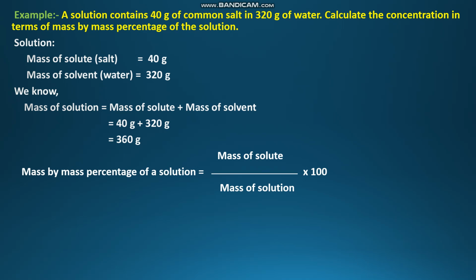Mass by mass percentage of a solution is equal to mass of the solute divided by mass of the solution into 100. Then substitute the values. Mass of the solute is 40 gram and mass of the solution, we have calculated, is 360 gram. So 40 divided by 360 into 100. We get the answer 11.1 percentage.